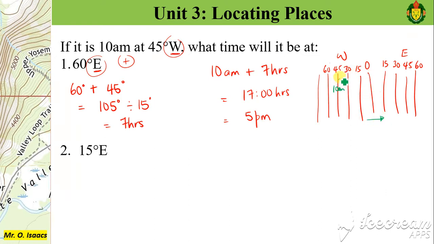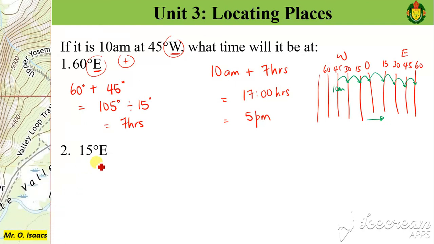So this would be 11 a.m., then 12 noon, then 1 p.m., then 2 p.m., then 3 p.m., then 4 p.m., and we're stopping at 60 degrees east, and this would be 5 p.m. So you see that we're matching it up back again with the line diagram.